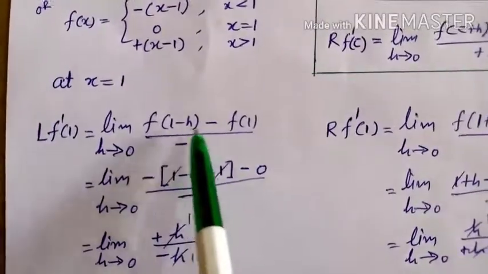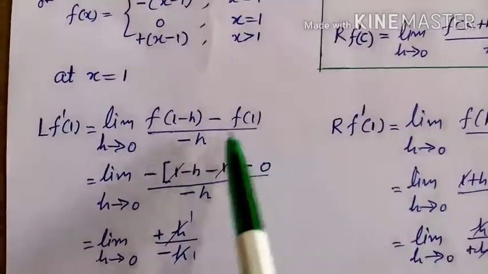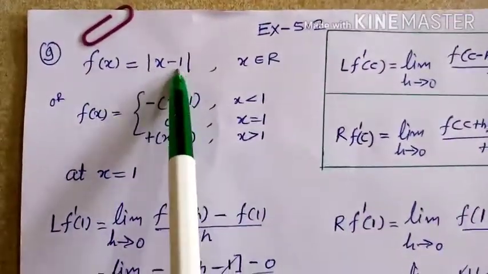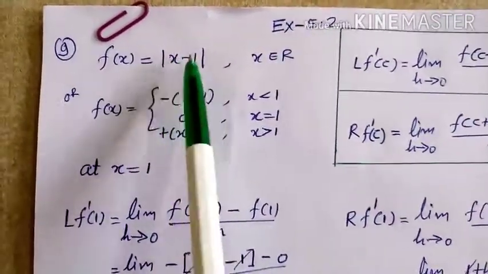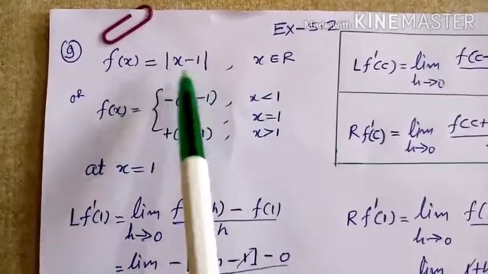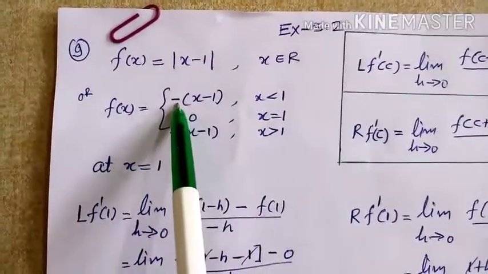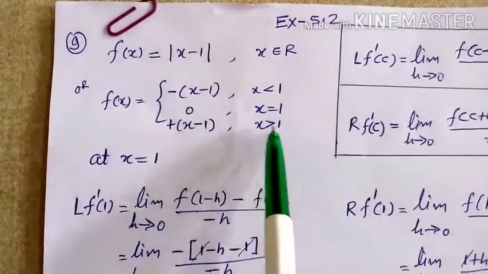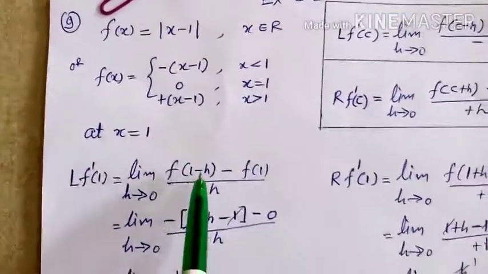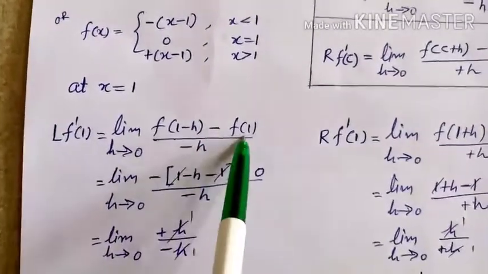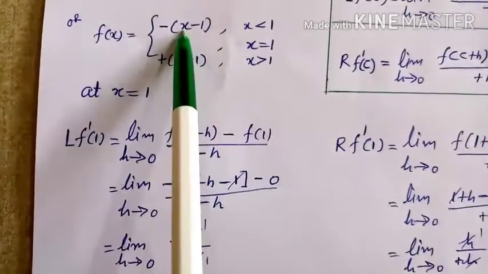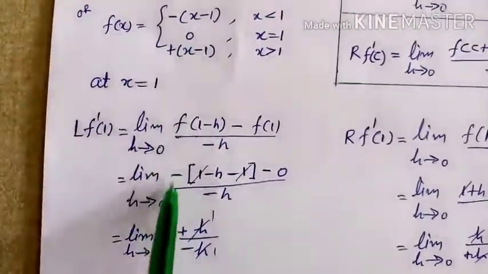So f of 1 minus h minus f of 1 upon minus h. But first we see this is the mod function. So when we remove this mod, when x is less than 1 it will be negative, when x is equal to 1 it will be 0, when x is greater than 1 it will be positive. So f of 1 minus h means less than 1, so the function is this, and this is the minus sign.